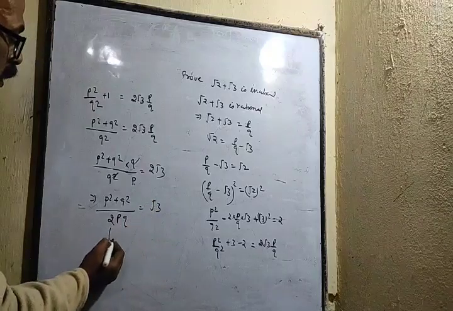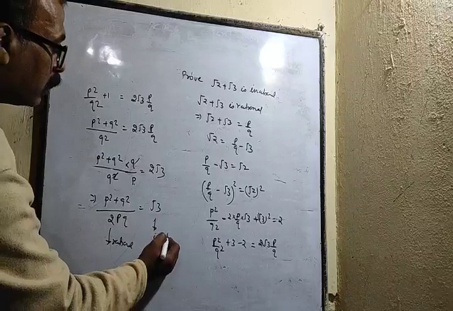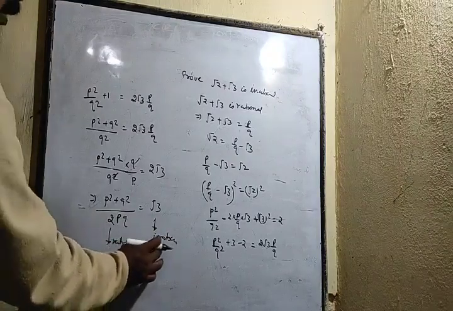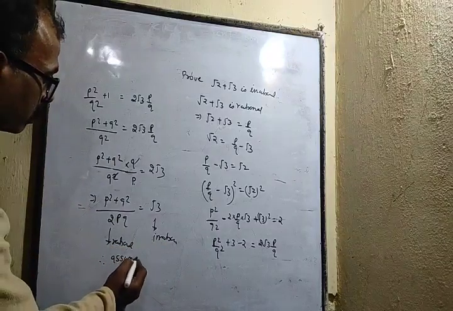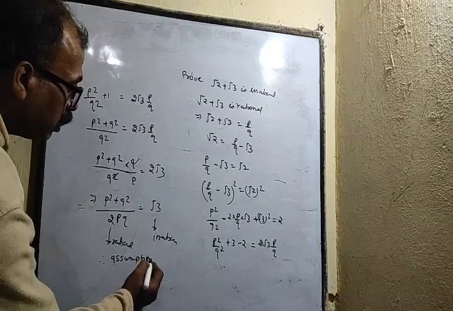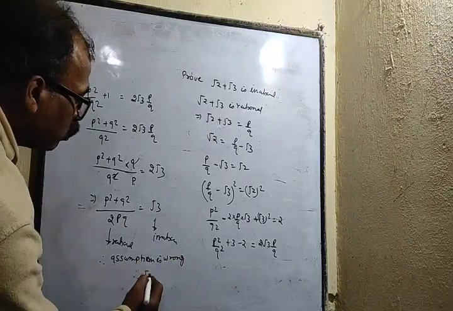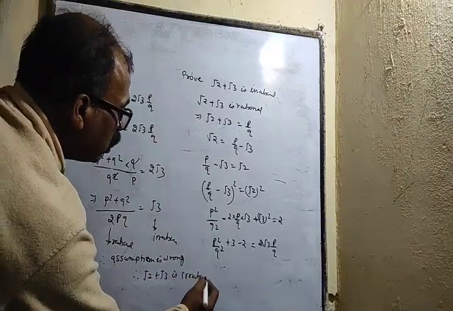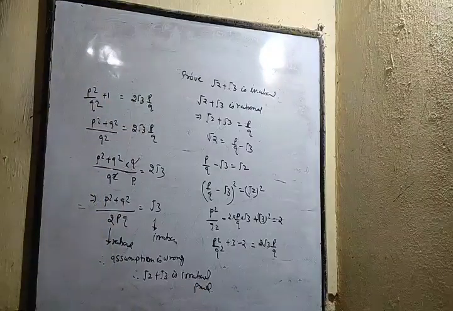It seems to be rational, but it's clear-cut an irrational number. It means it contradicts the fact. Left side is rational, right side is irrational. Hence the assumption is wrong. And so we can say that root 2 plus root 3 is irrational. This way you have to give the explanation.